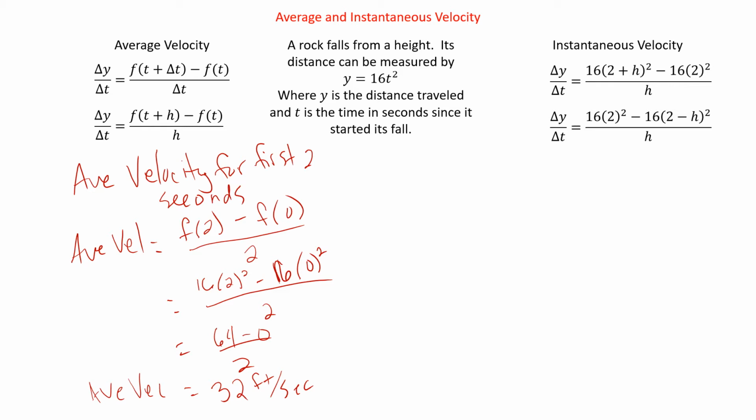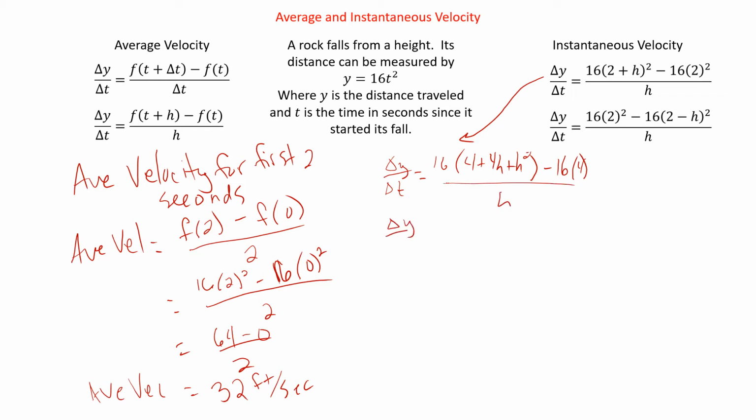If we simplify these, I'm going to take this one over here. We have delta y over delta t is going to equal 16 times, we can distribute that, 4 plus 4h plus h squared, minus 16 times 4, over h.